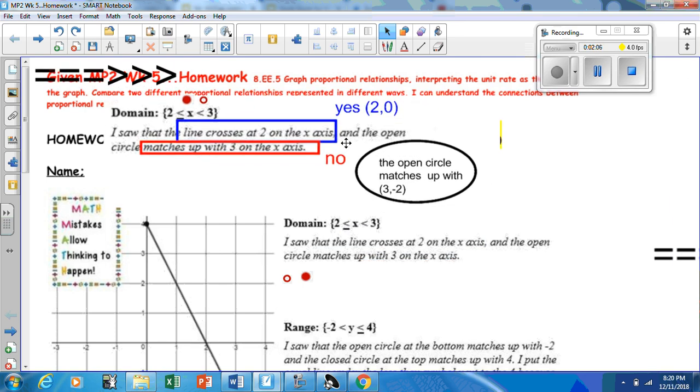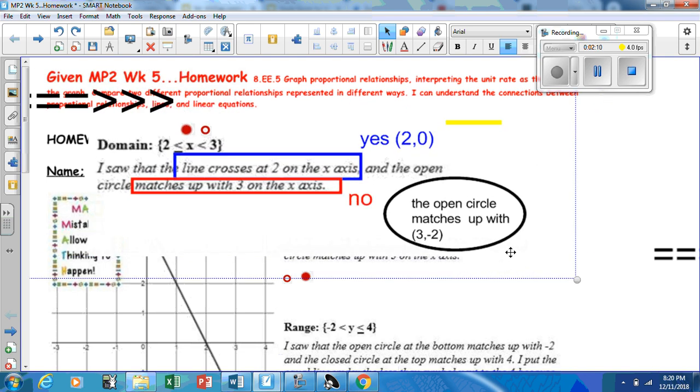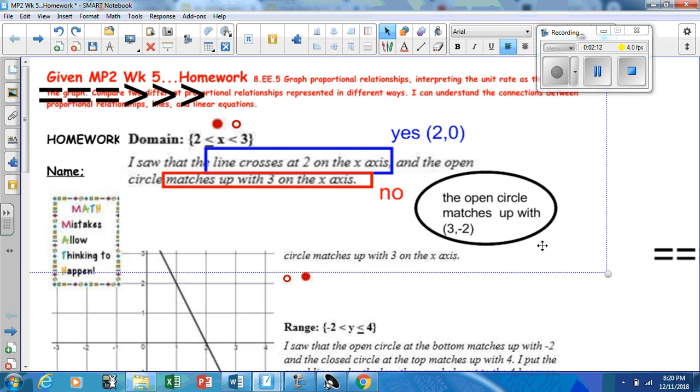Okay, take a look at this again. So 2 comma 0 is right here. It says, and the open circle matches up with 3 on the x-axis. Well, let's go to this x-axis.